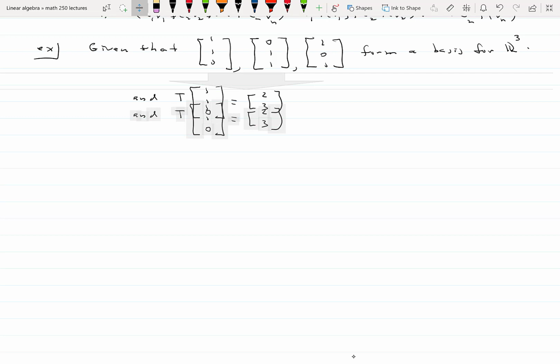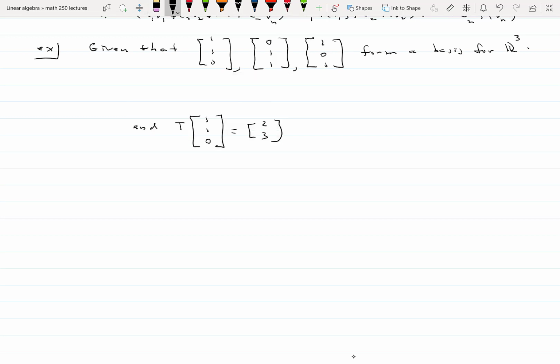Let T take R3 to R2 be a linear transformation, and T takes the basis vector (1, 1, 0) to the vector (2, 3).